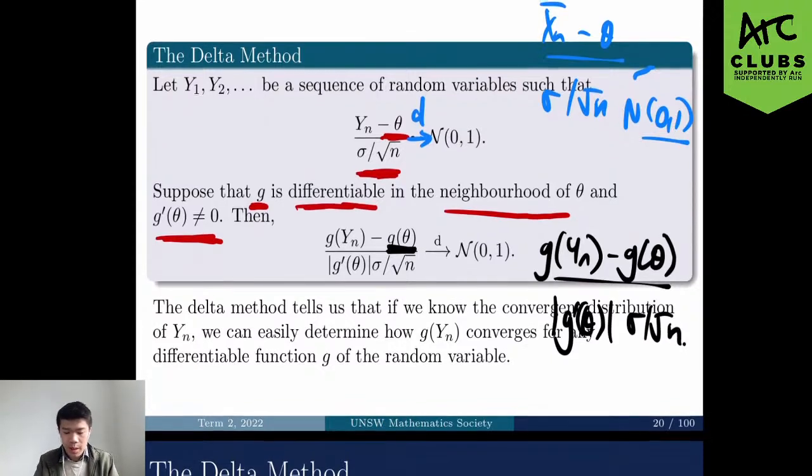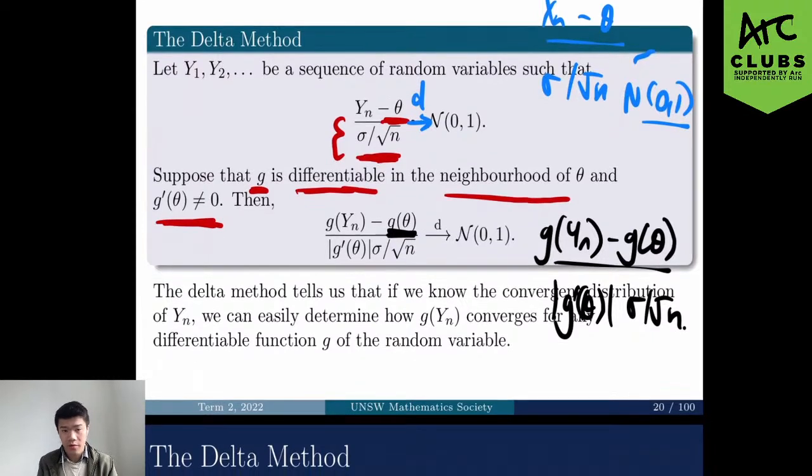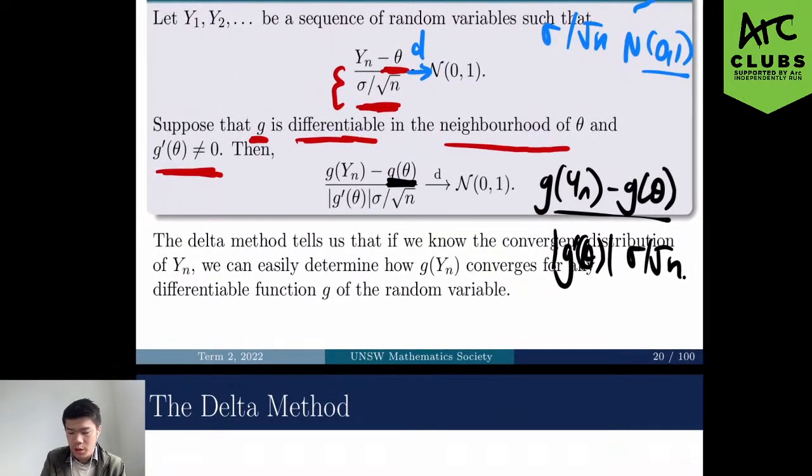Remember, the standard deviation of yn was equal to sigma on root n. But if you take a function of it, g of yn, then what you basically get is that the variance is equal to the original variance times the derivative of g.